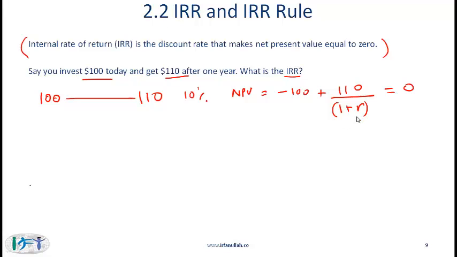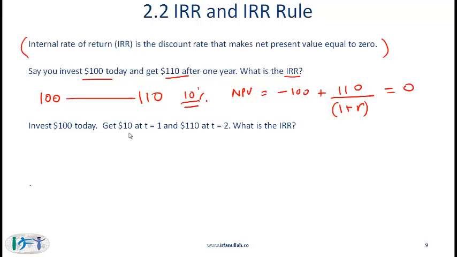Notice that when we plug in 0.1, which is the same as 10%, the NPV is 0. So, in other words, the IRR is 10%, and 10% is what makes the NPV equal to 0.